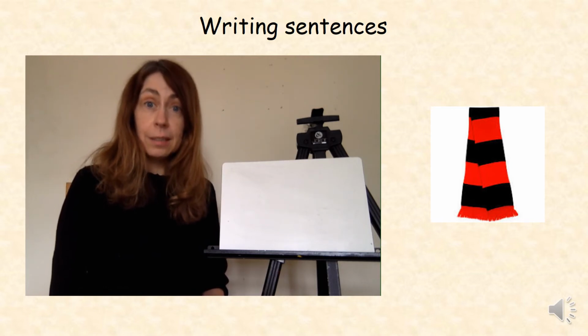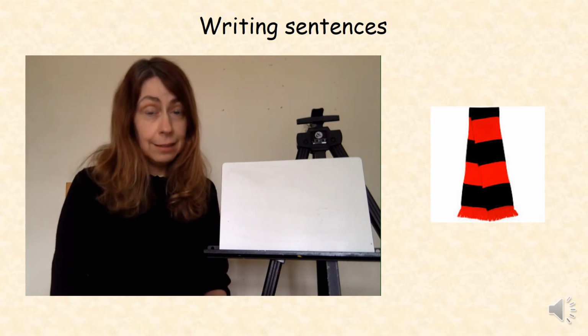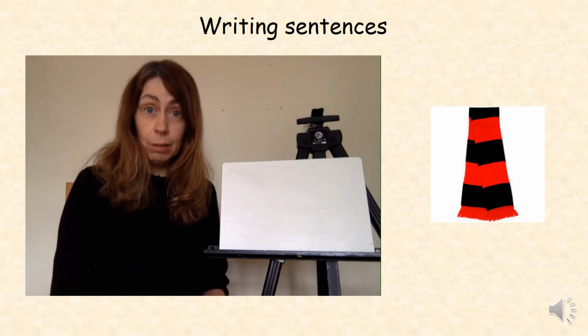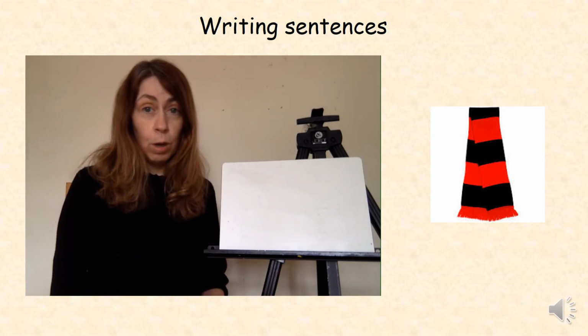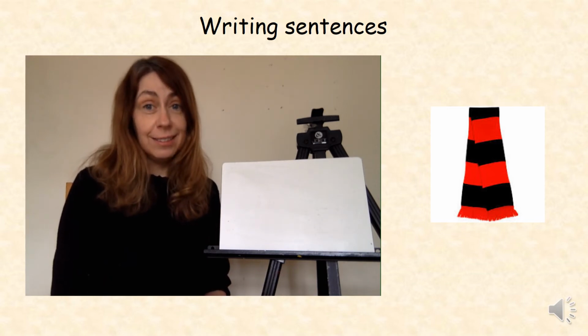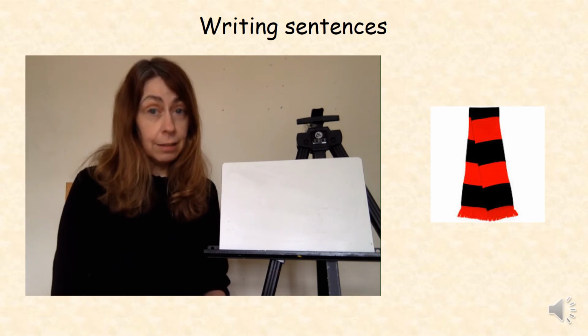The scarf was black and red. I'm going to say the sentence again, and this time can you count the words? The scarf was black and red. That's right, the sentence has 6 words. Can you tell your adult the sentence?